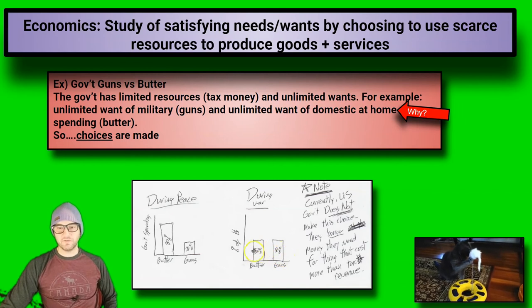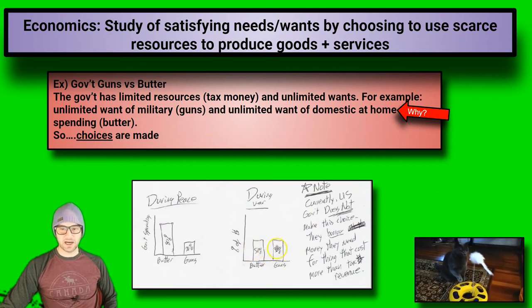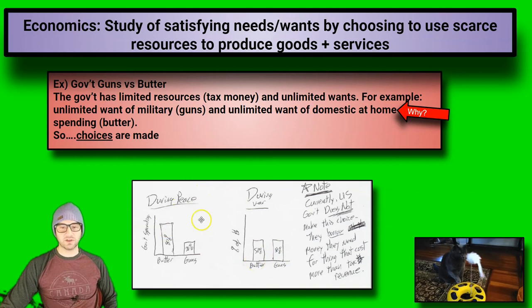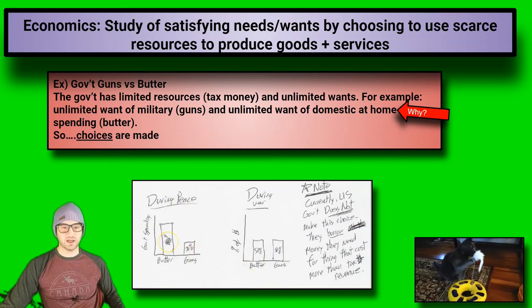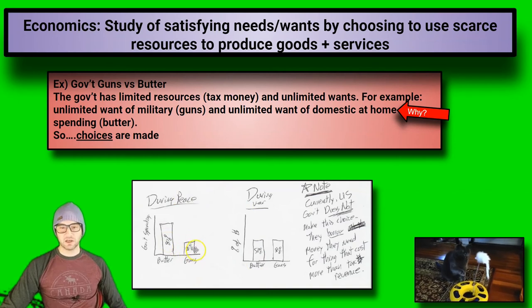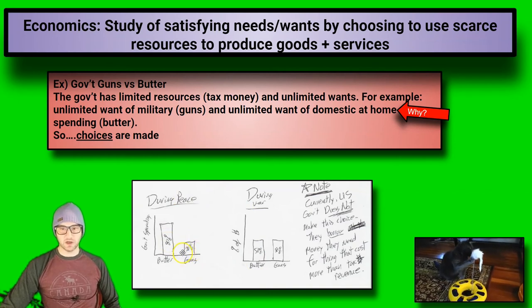Now they achieved that 50-50 by cutting a little bit of what they spent at home and also borrowing a little bit of money with war bonds and stuff like that. And so you get a 50-50 government dollar spending percentage for military during war and at-home spending. And then when it goes to peace, it goes back to 20% military and 80% on other issues. We will go later in the course and see if this is correct for the current year.